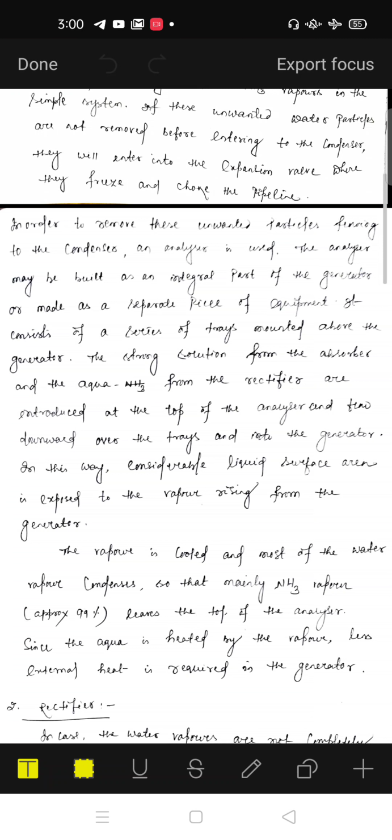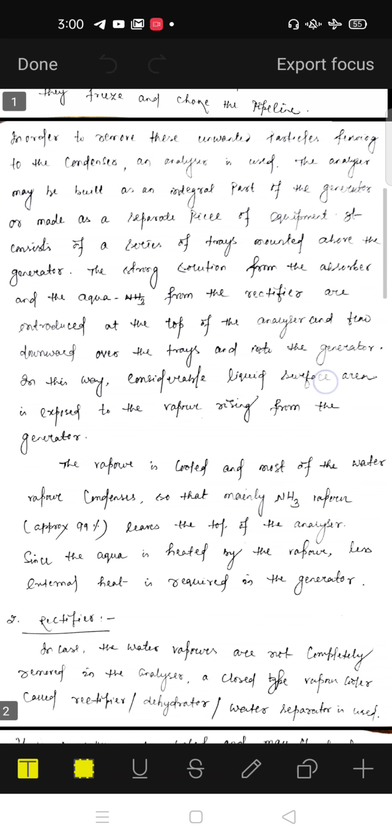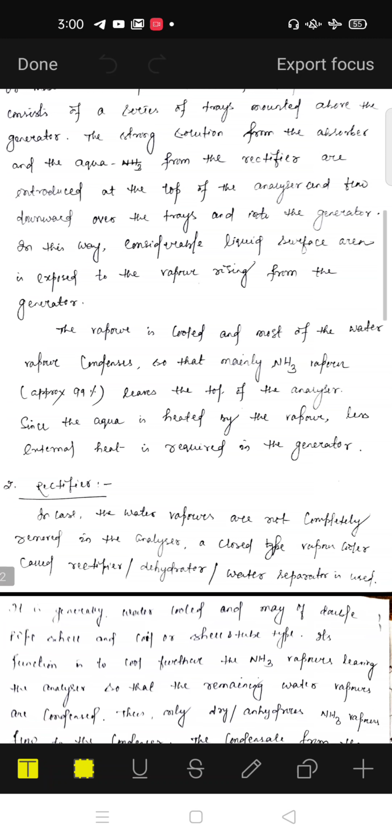In this way, considerable liquid surface area is exposed to vapor rising from the generator. So the vapor is cooled and most of the water vapor condenses, so that mainly ammonia vapor leaves the top of the analyzer. Since the aqua is heated by the vapors, less heat is required in the generator.